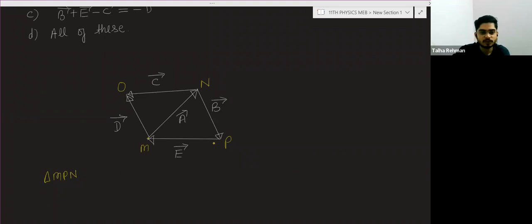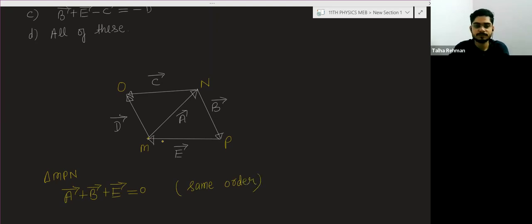So you can write A vector plus B vector plus E vector is equal to 0. Same order. I am using that note point.